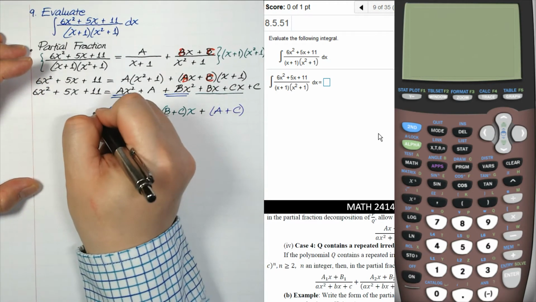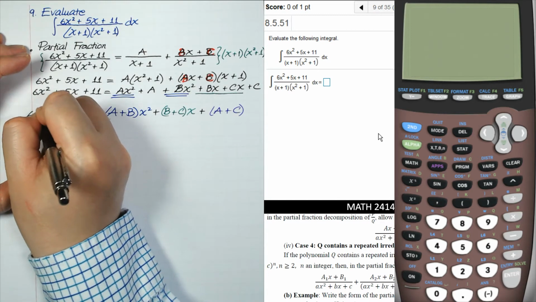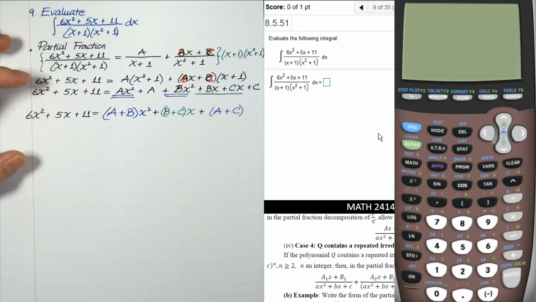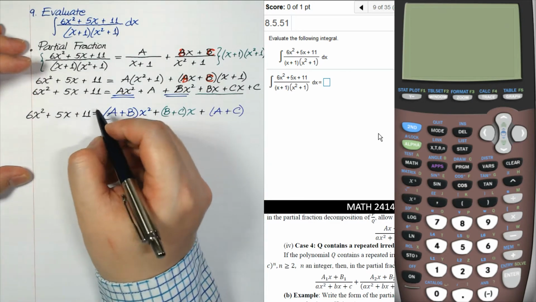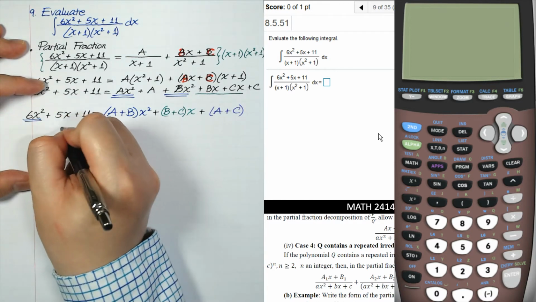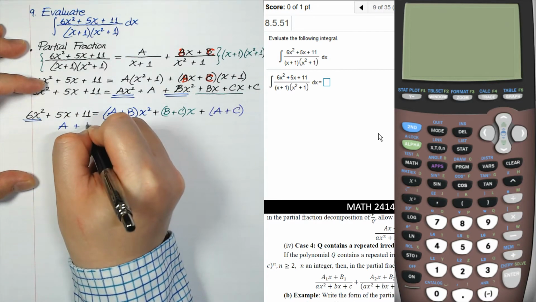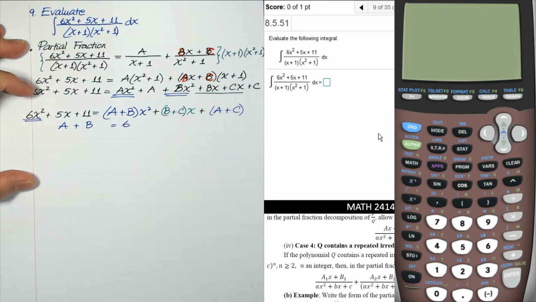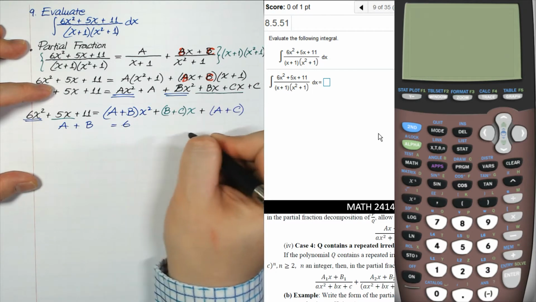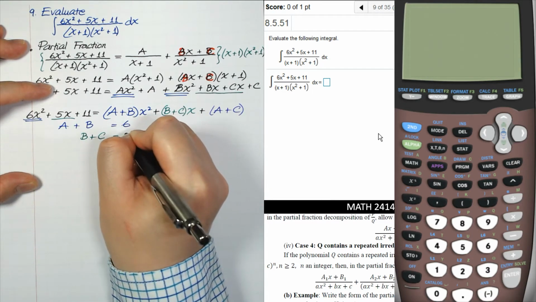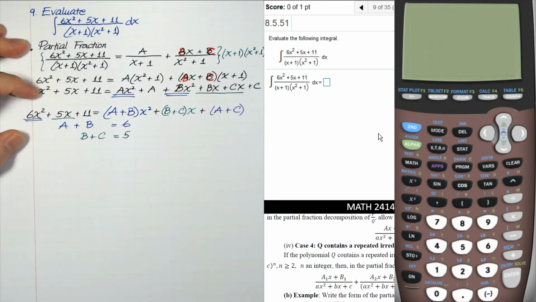Right, the left hand side 6x squared plus 5x plus 11. Right, matching coefficients. There's 6x squared on this side, so the coefficient must be 6. And 5x here, so the B plus C must equal 5, coefficient 5, sorry.